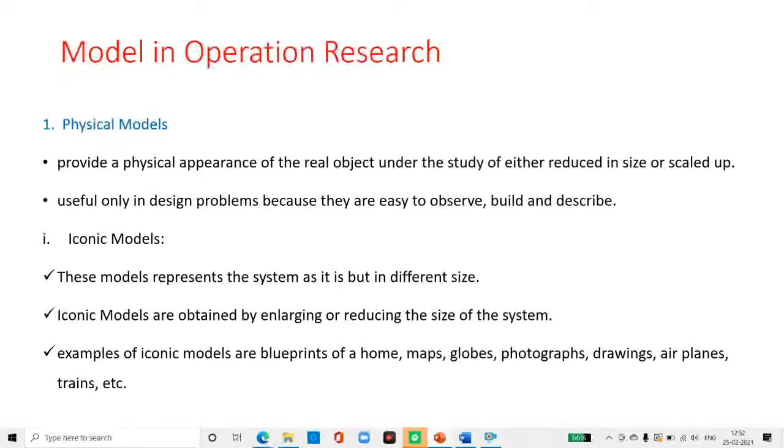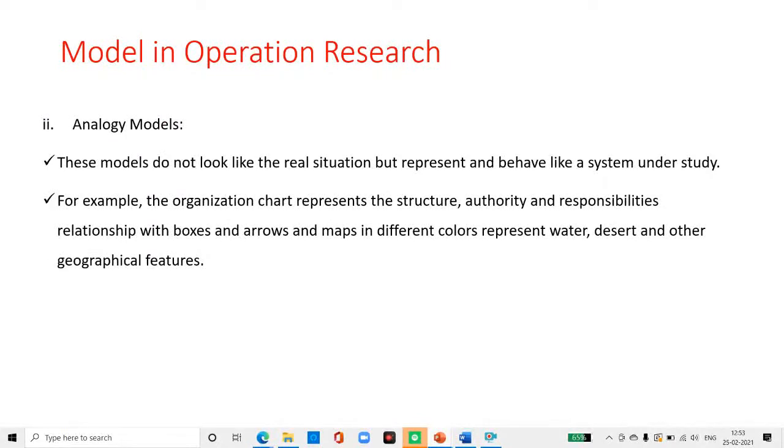Examples of iconic models are blueprints of a home, maps, globes, photographs, drawings, airplanes, trains, etc. These are examples of iconic models where we are enlarging or reducing the size of the system and also representing the system as it is but in different sizes.